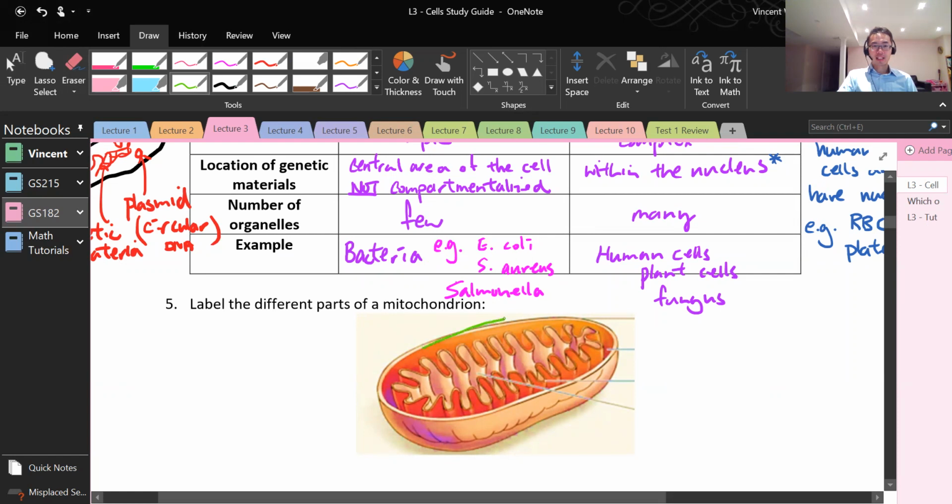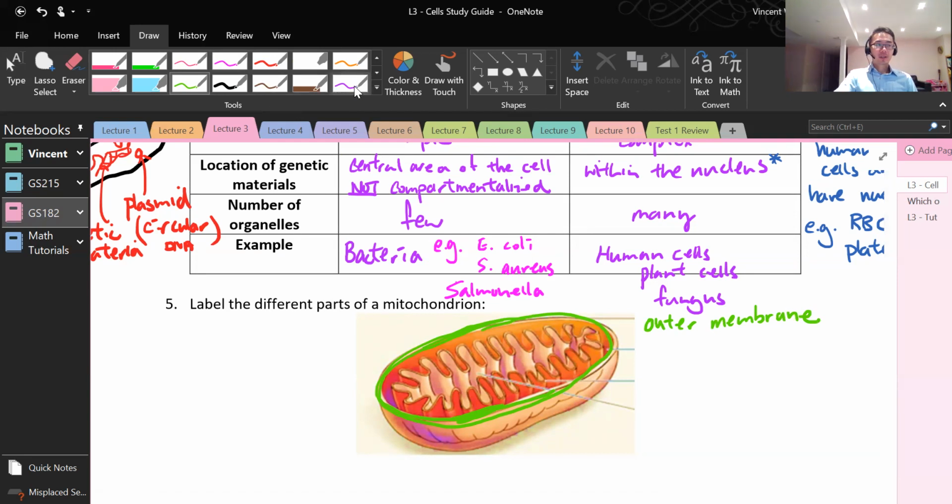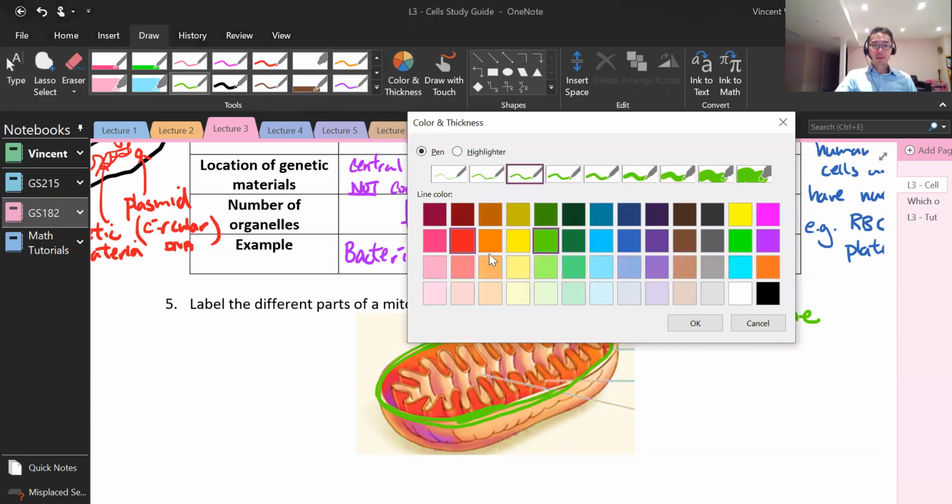It has a double membrane. The outer one here in green is the outer membrane, and then there is also the inner membrane.